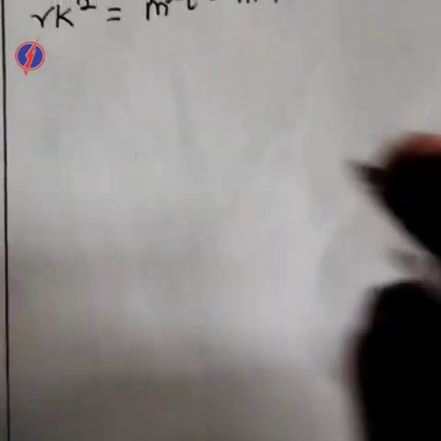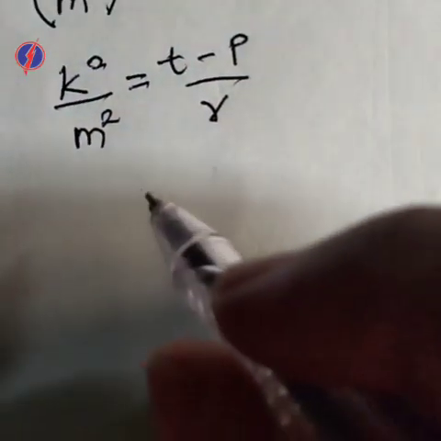Okay, but most times, before we get this expression, so that this will not actually cause a lot of issues, if it is me, I will first of all, if this is the first case, we have something like k squared r over m squared, which equals t minus p.